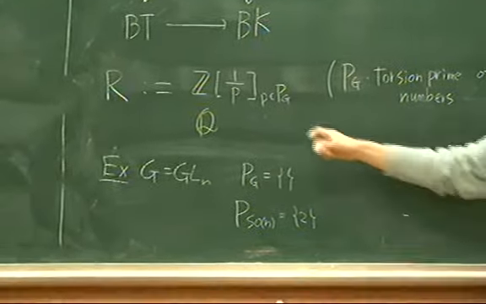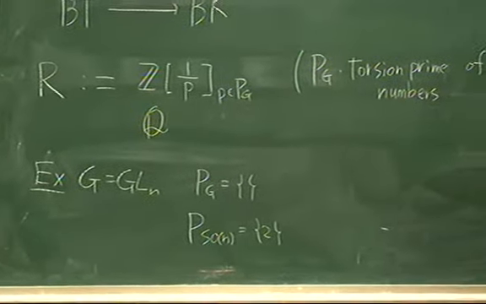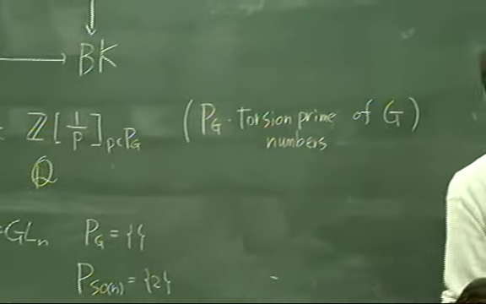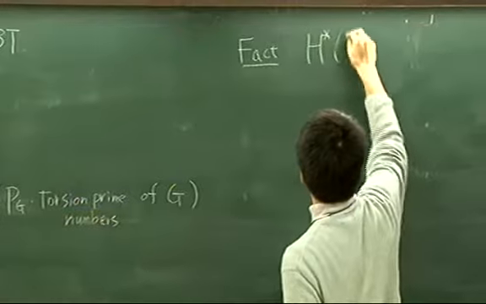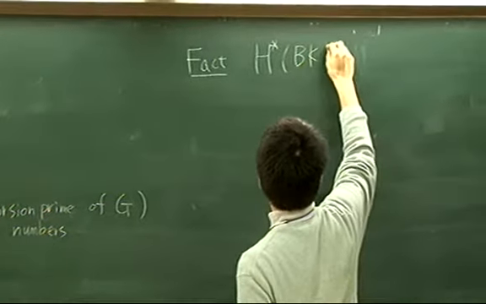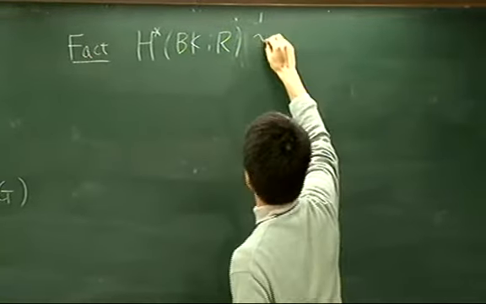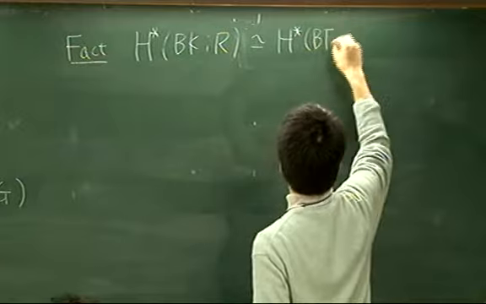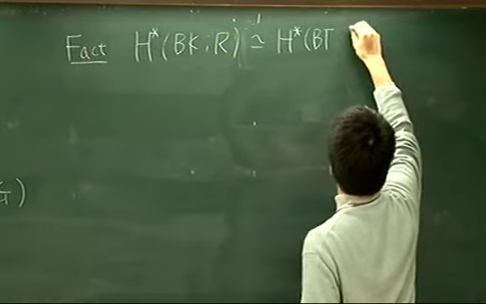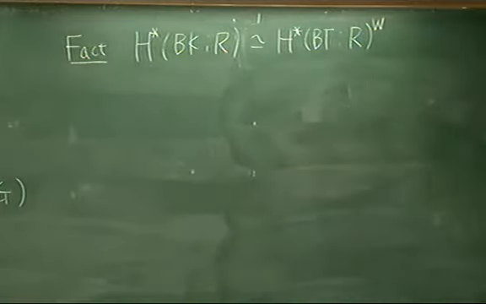So if we invert some primes, then you'll have a nice presentation of the cohomology of the classifying space with R coefficients. It is just the invariant part of the cohomology of the product diagram.